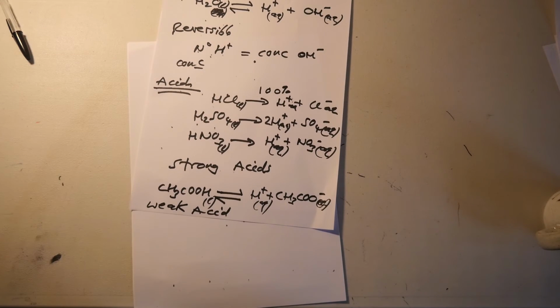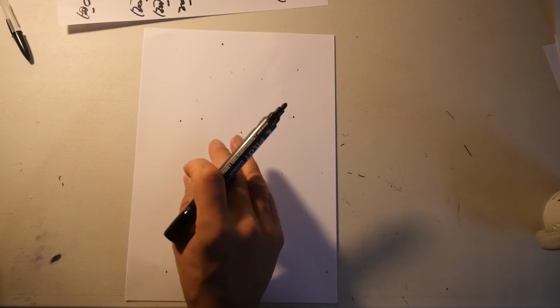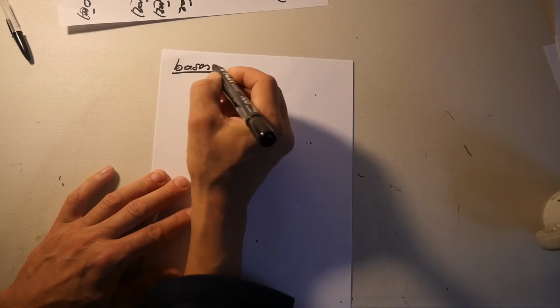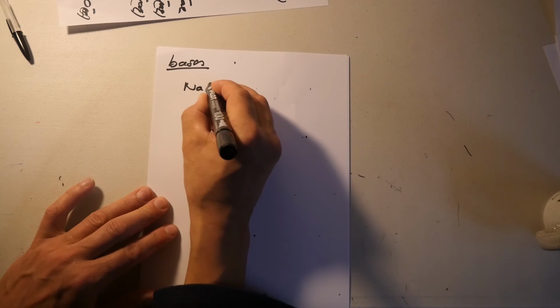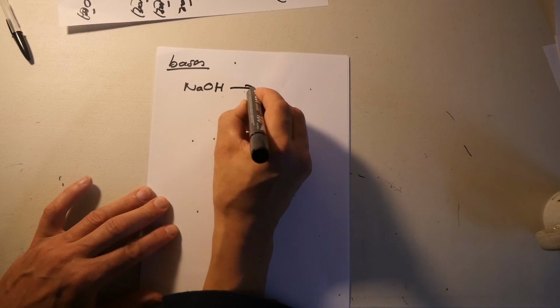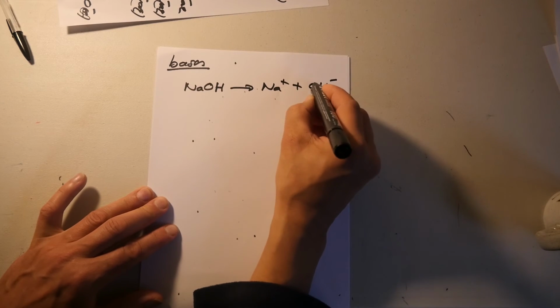So yeah, there's also bases as well. Strong and weak bases exist. So yeah, I'll go with that. So bases, so you get sodium hydroxide becomes sodium plus OH negative, okay?